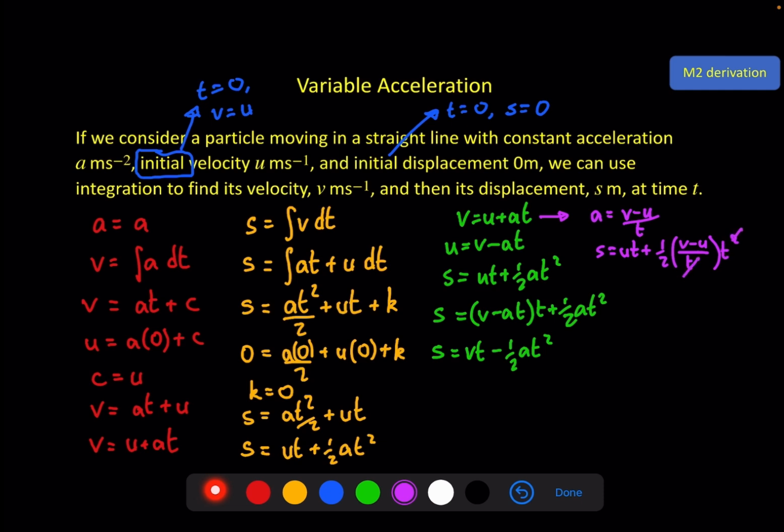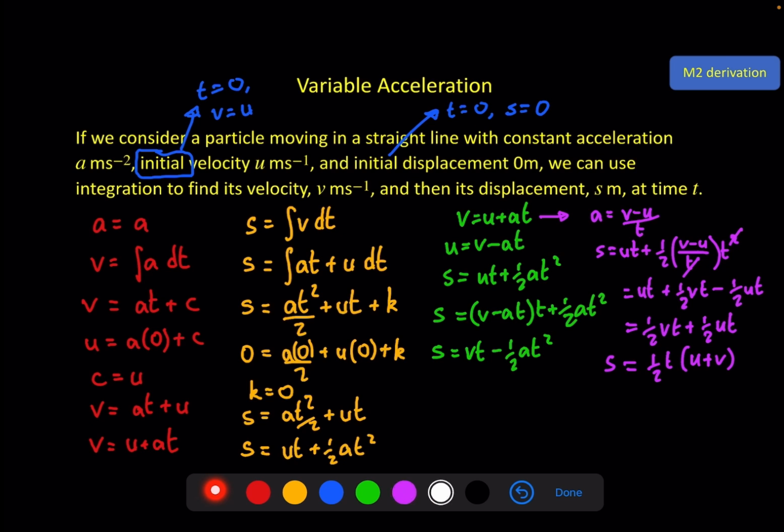One of the t's cancels out, giving us ut plus a half vt minus a half ut. ut minus a half ut gives us a half ut. So we have a half vt plus a half ut, and factorizing that gives us a half t times u plus v, which is our fourth constant acceleration formula.